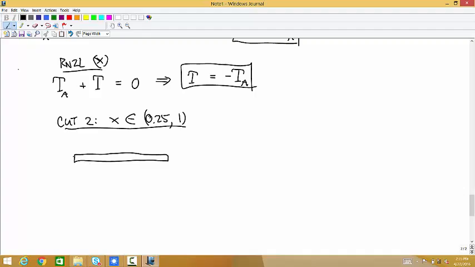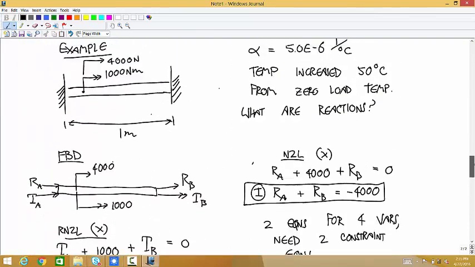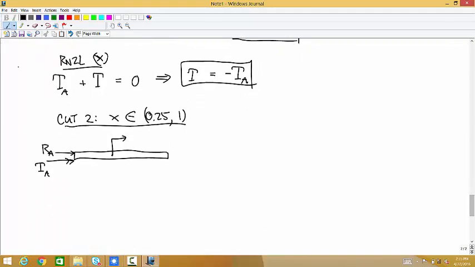So on this one, the loads are RA and the torque at A. And then a quarter of the way in, we have a horizontal force of 4,000 newtons and a horizontal torque of 1,000 newtons. And then we have the internal loads, T and fancy T.